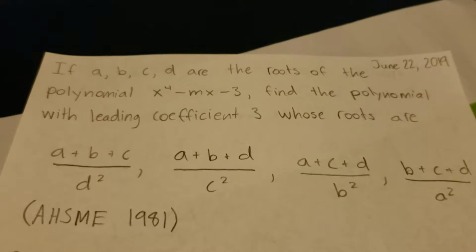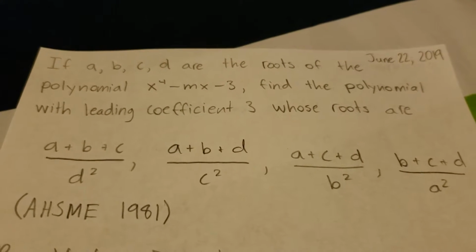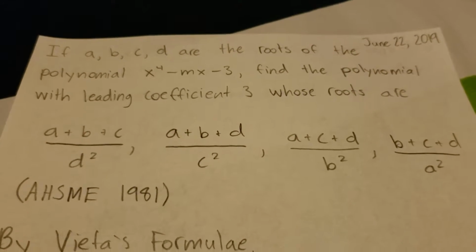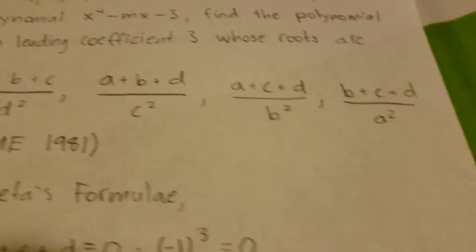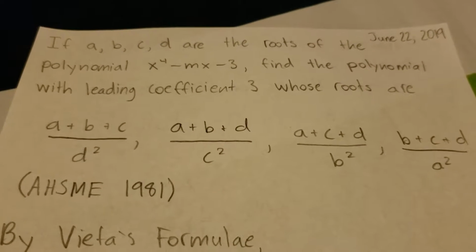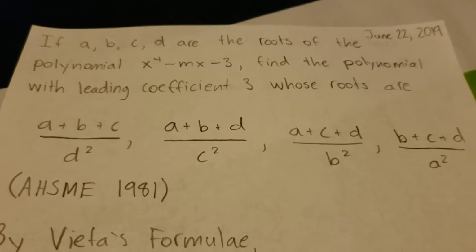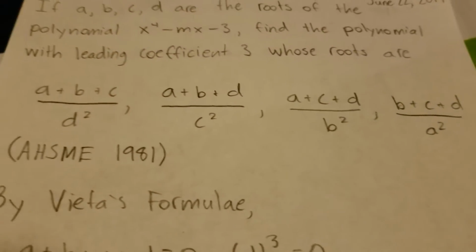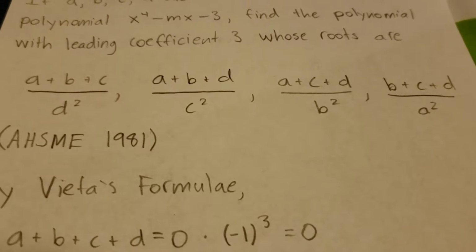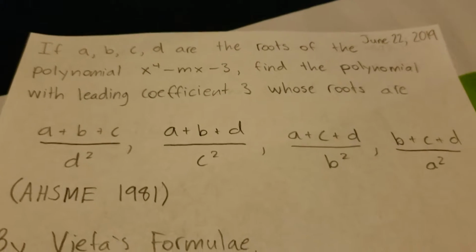So how can we use that here? Well, remember, when it's asking us to find the polynomial with leading coefficient 3, whose roots are these 4 expressions, what it's really asking us is to find the coefficients of the degree 4 polynomial with these roots. So that will be very useful because given the roots, we can probably find the coefficients from Vieta's formulae.